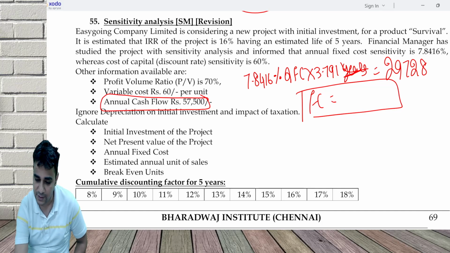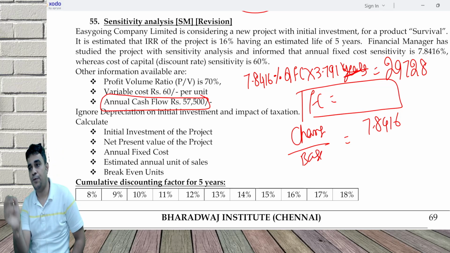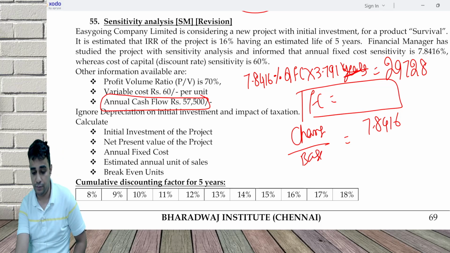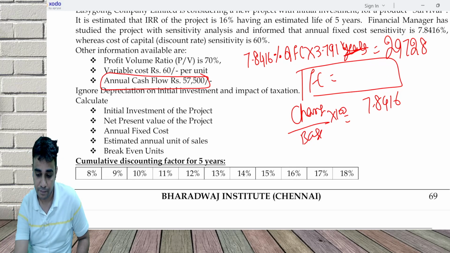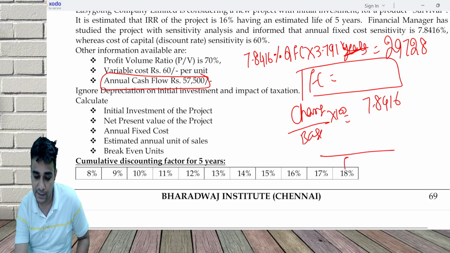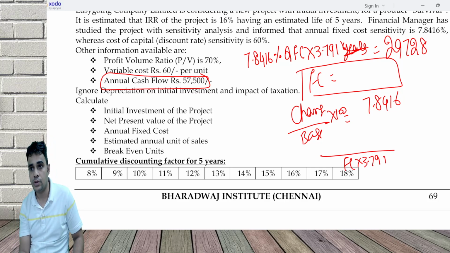Okay, for your satisfaction, I'll do change by base. Change is 29,728, equal to 7.8416 into 100 if you write percentage. My base is fixed cost into 3.791, because every year we are taking present value.